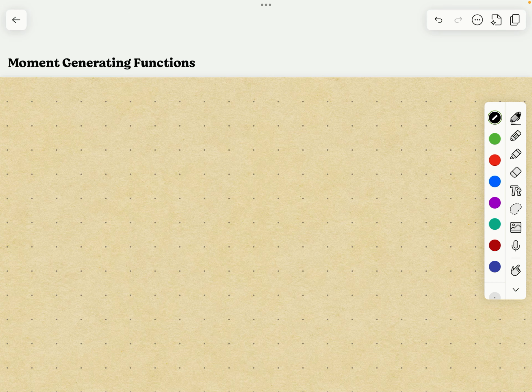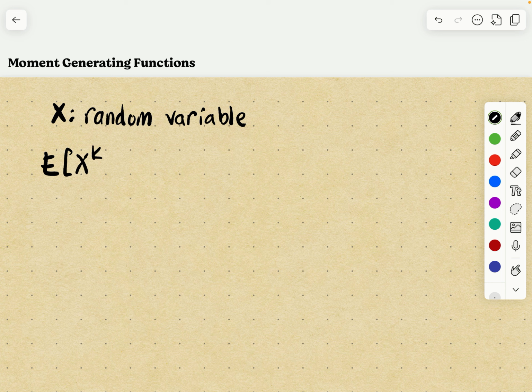This video is about moments of random variables and moment generating functions. So suppose that x is a random variable. Then we define, for each positive integer k, the kth moment to be the expectation of x to the k.